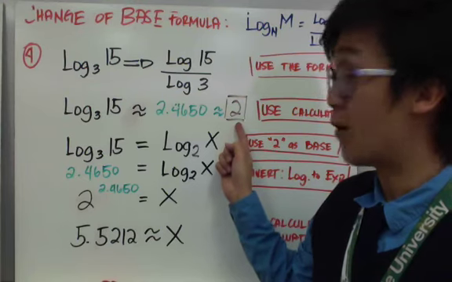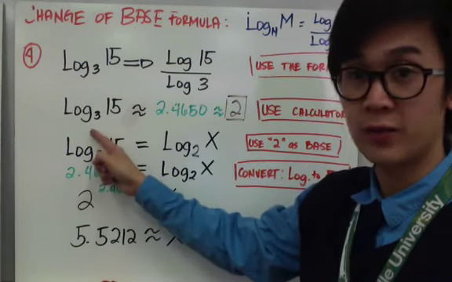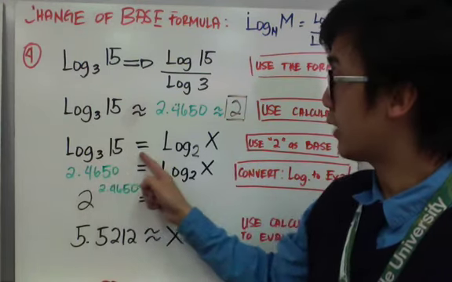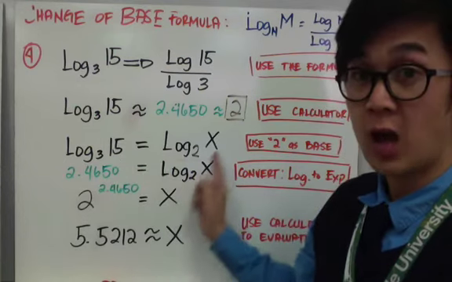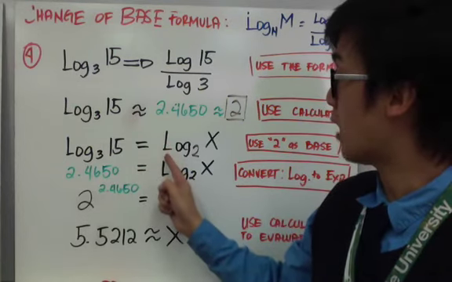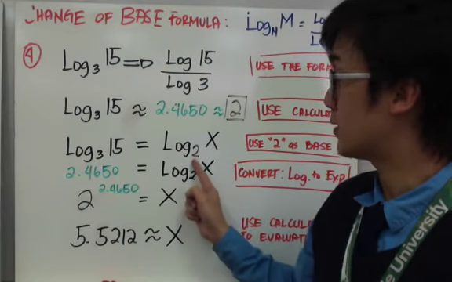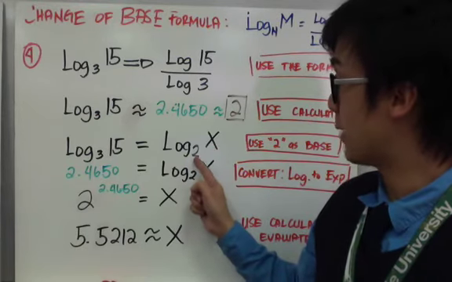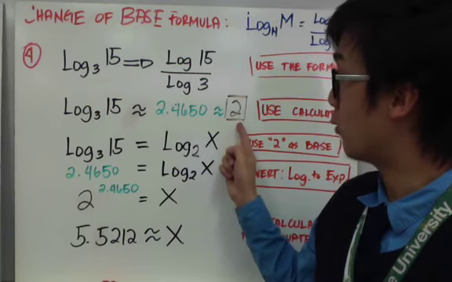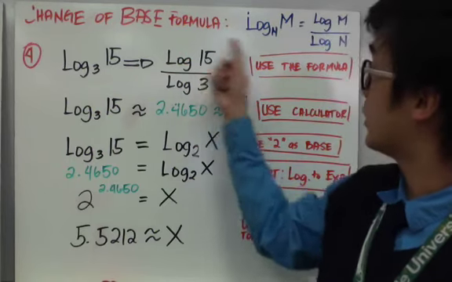So for our next step, we copy the logarithm of 15 base 3 equal to the new logarithm that we have to solve for x, which is the logarithm of x base 2. And this base 2 came from our change of base formula.